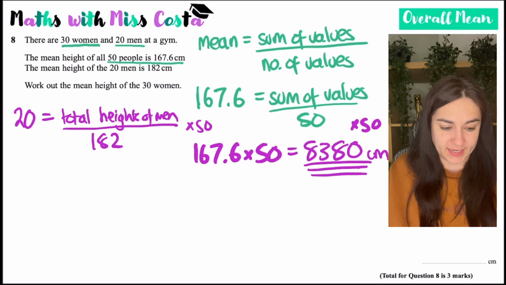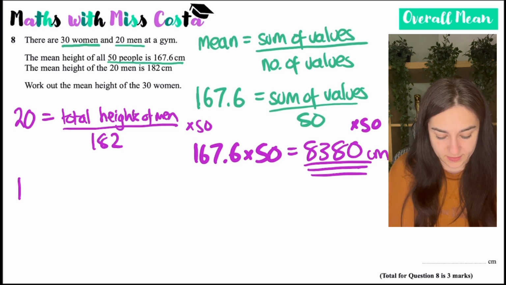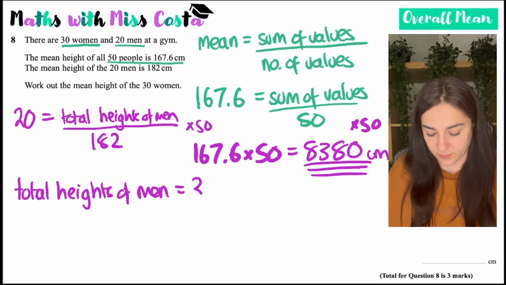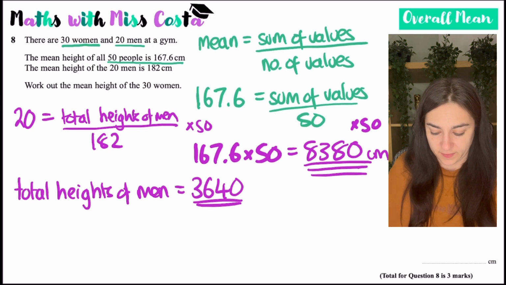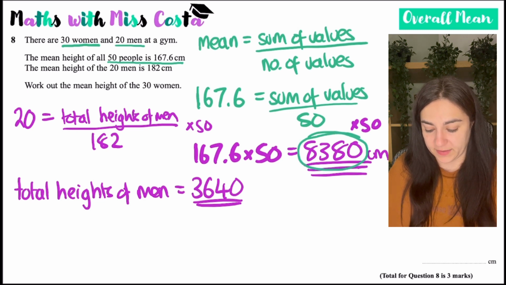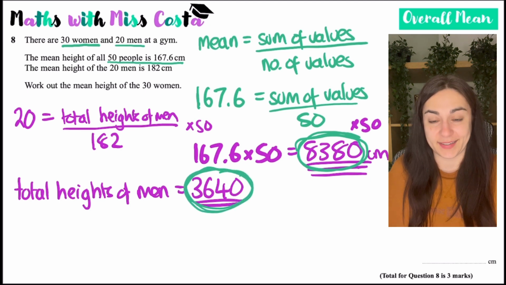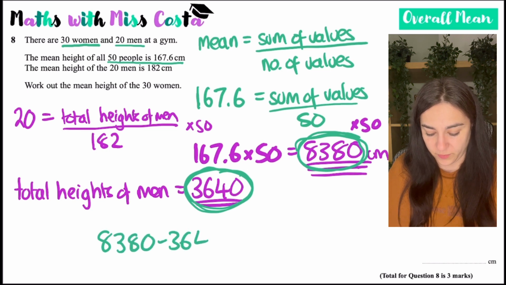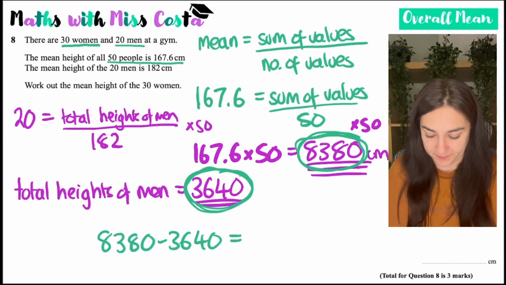I'd do 20 times 182, and that would give me the total heights of the men as being 3,640. So if I know that the total heights of everybody sums to 8,380 and that all of the men, their heights sum to 3,640, I can subtract that to figure out what the total heights of the women must be.